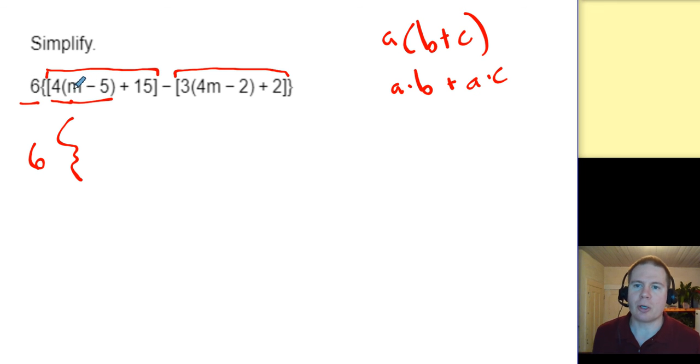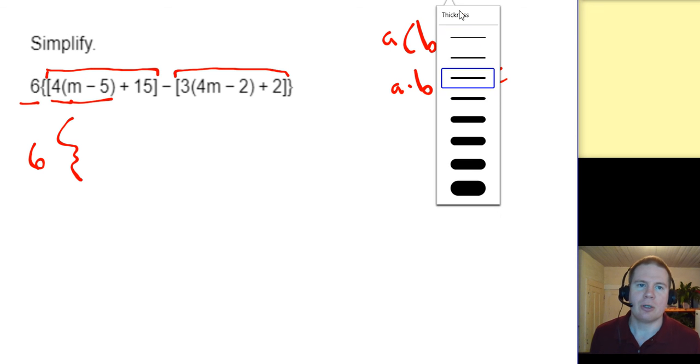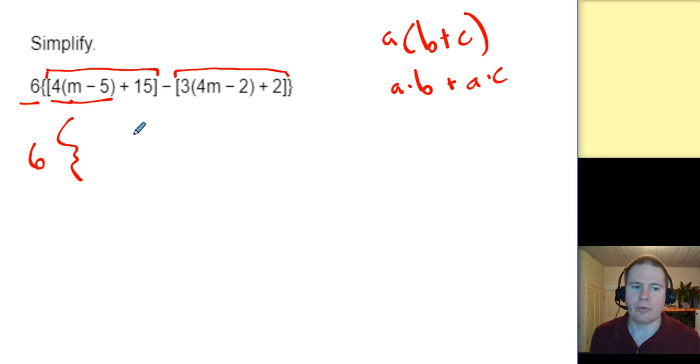So my only recourse here is to recognize that 4 times something means I have 4 of those. M minus 5, m minus 5, m minus 5, m minus 5. I'm adding up 4 of those, which means I'm adding up 4 m's, and I'm adding up 4 negative 5's.